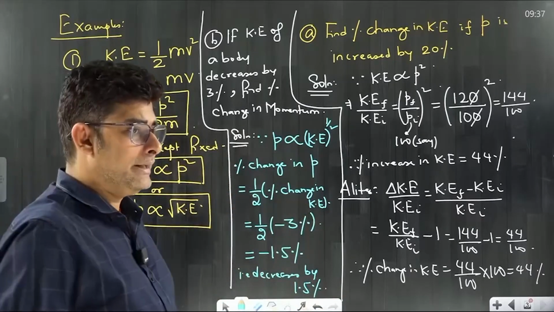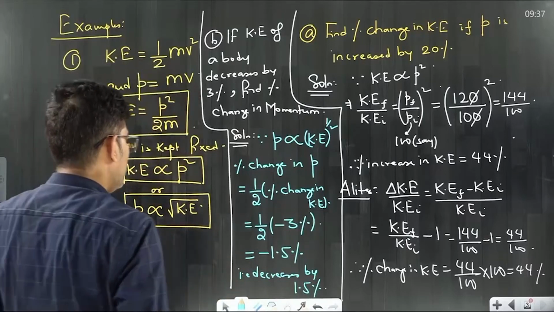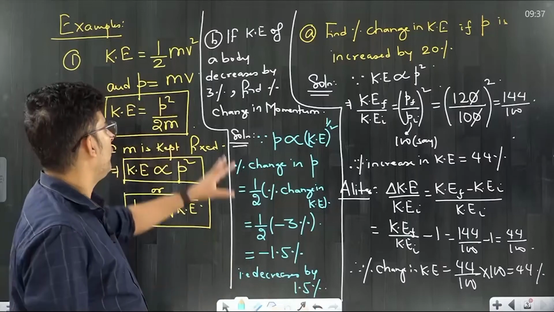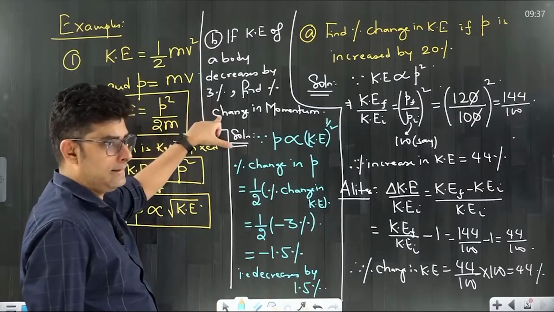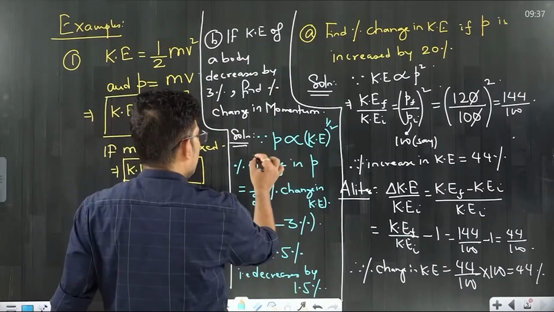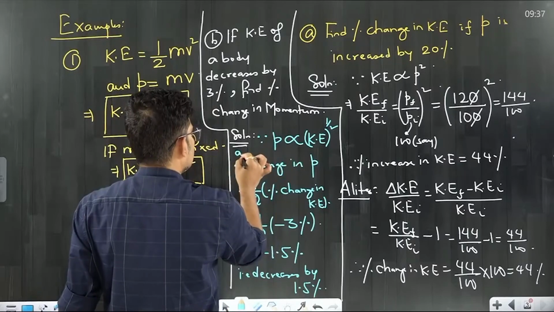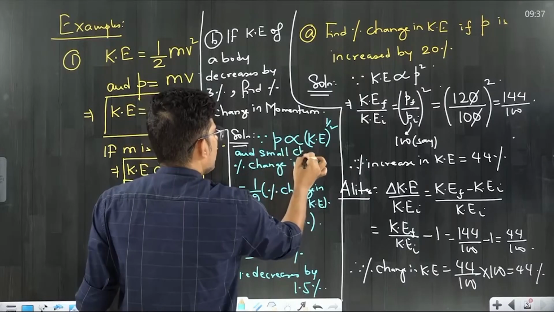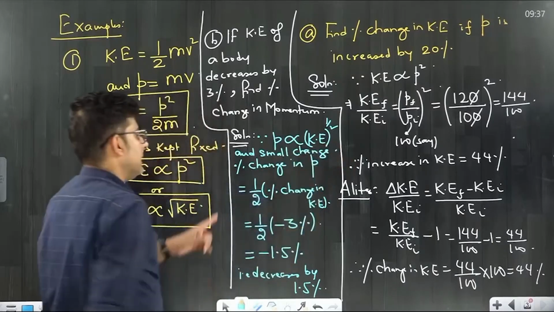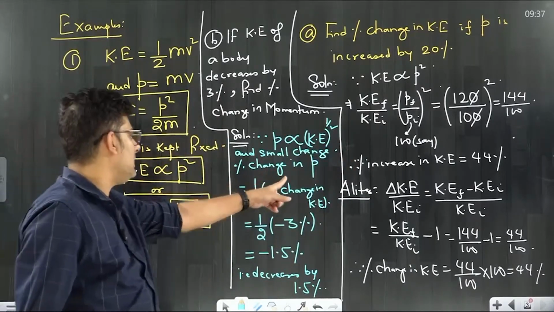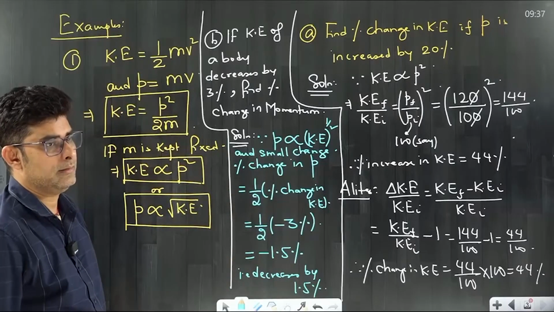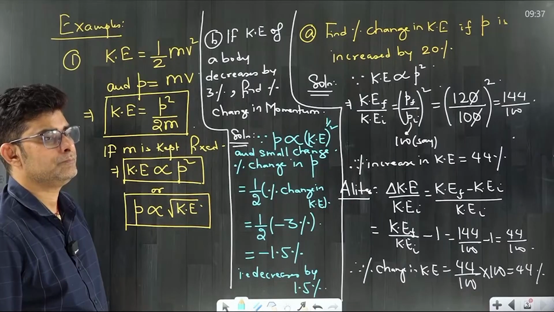So the momentum in this case is going to decrease by 1.5% directly. It was a small change, so that's why for percentage change in P I have directly multiplied the power by this. Is it clear?